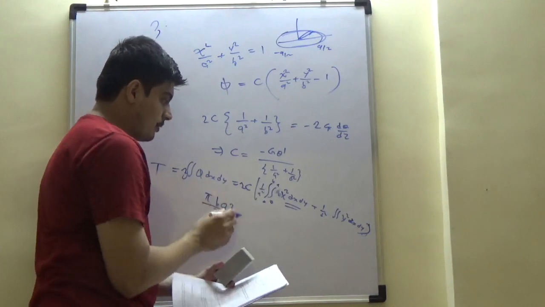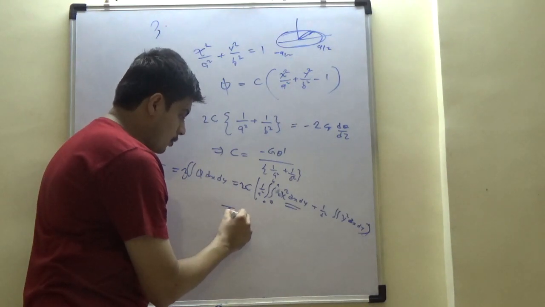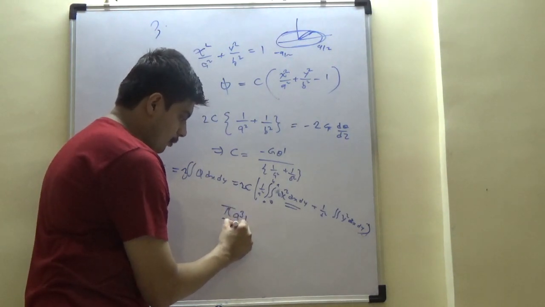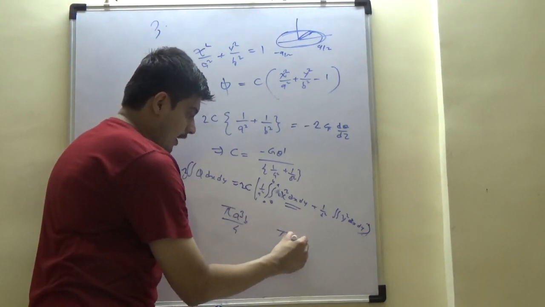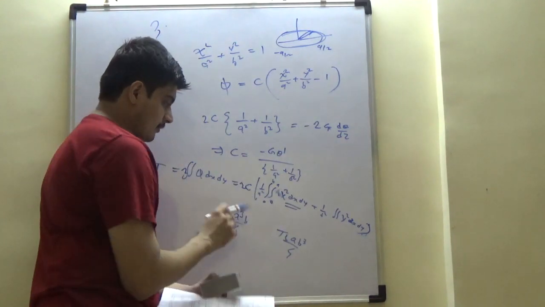And pi is going to be because of the theta. This is the second moment, so pi a cube b upon 4 and pi a b cube upon 4, these will be these two integrals, right?